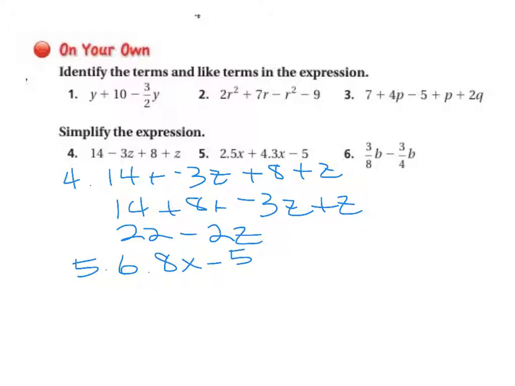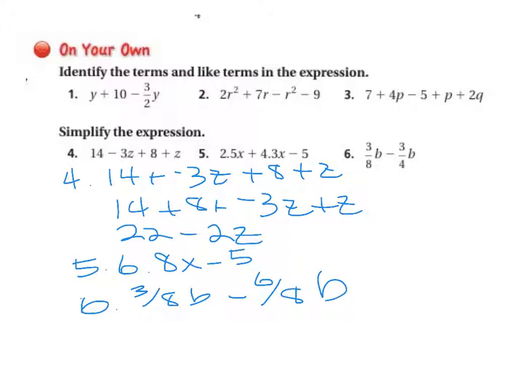And then number 6, 3/8 b minus 3/4 b. Again, our like terms are already together, but you do need to think about getting your common denominator. So 3/8 b, and then minus 3/4 with 8 as a denominator is 6/8.